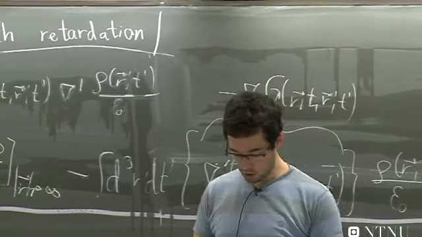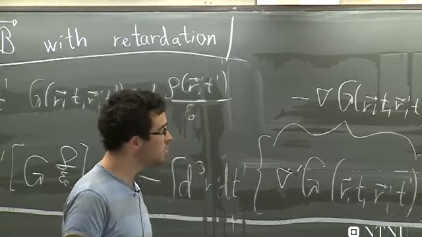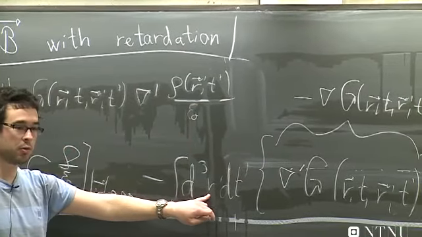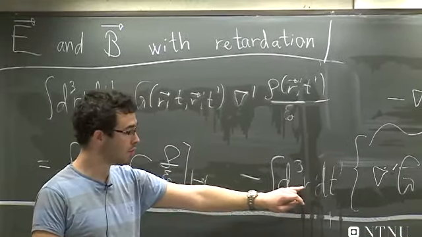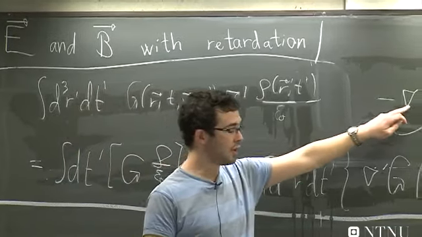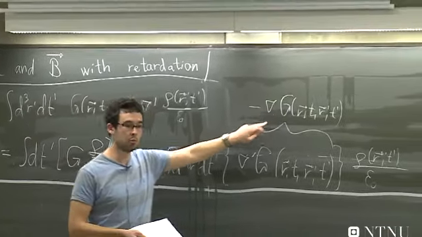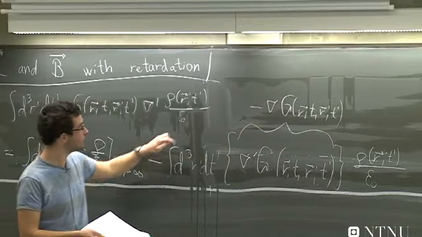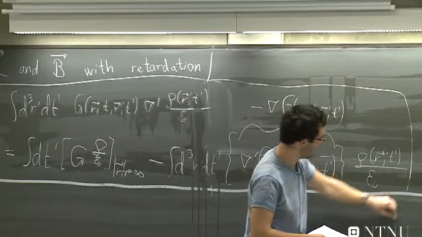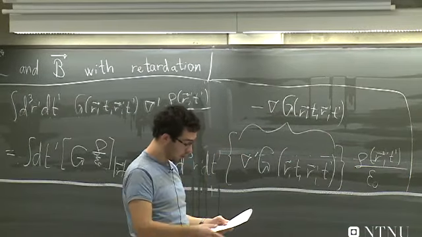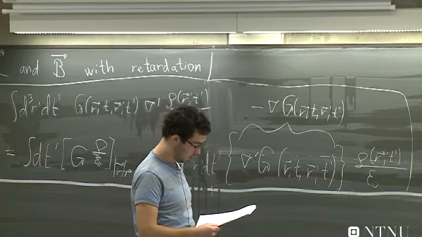Okay, and this means that because the integral is with respect to r prime, and this is with respect to r, I can take the nabla and move it outside the integral. So a lot of fuss about moving a nabla a little bit around.